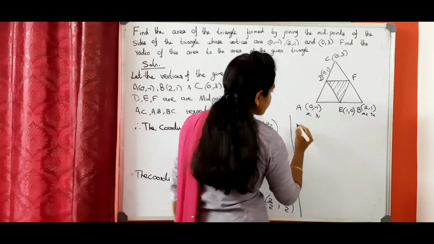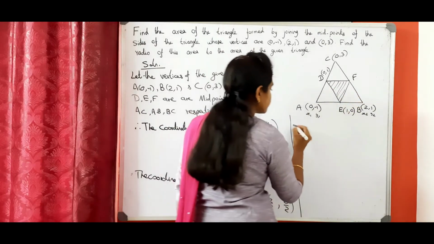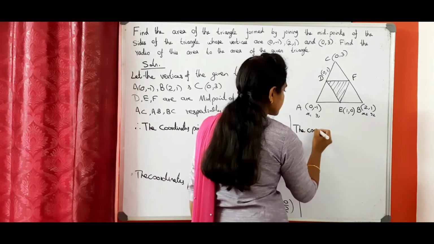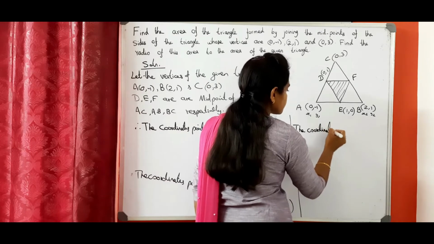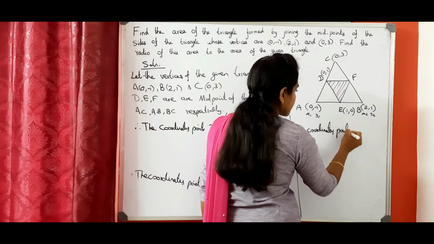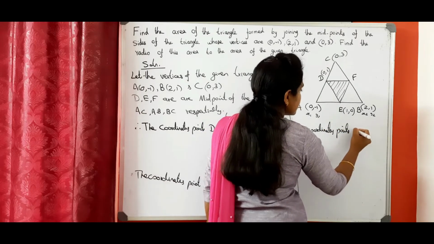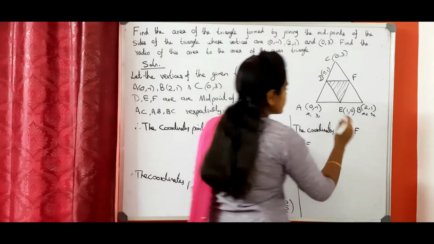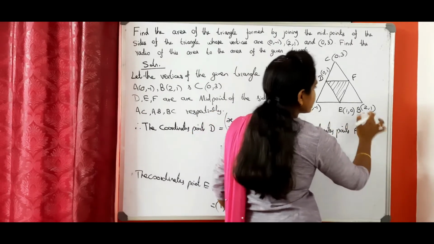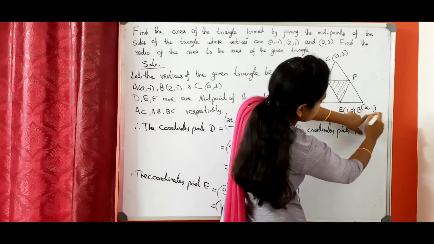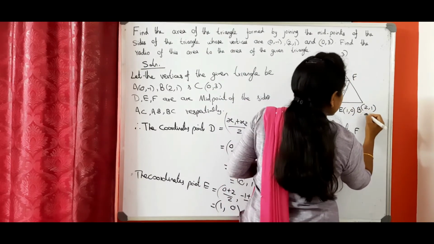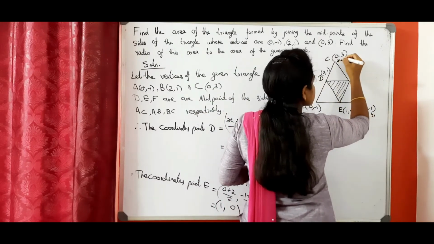In the same way, we need to find the coordinate point of F. For F, this is x1, y1 and this is x2, y2.